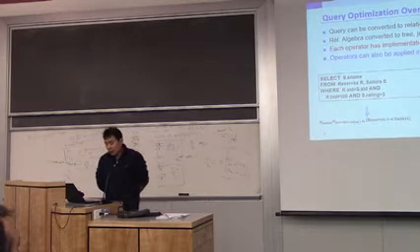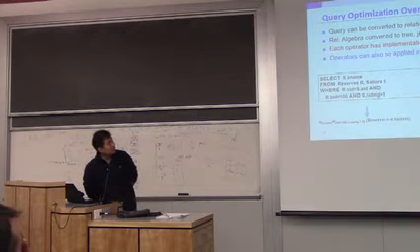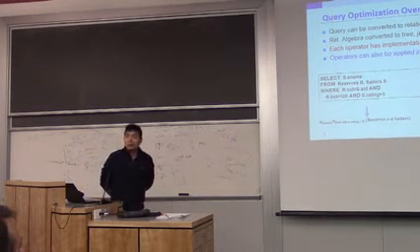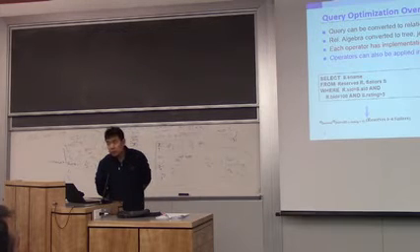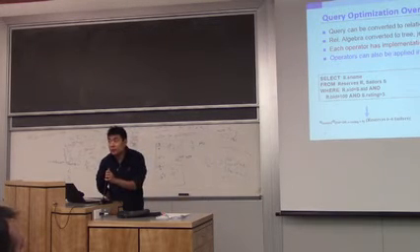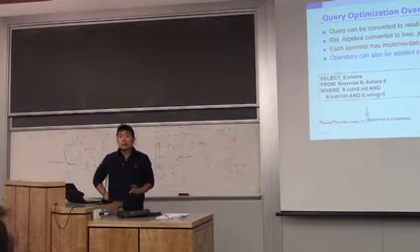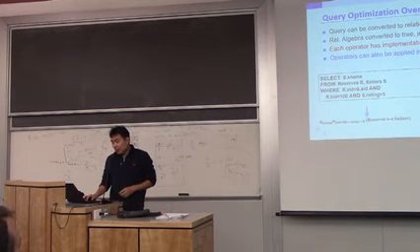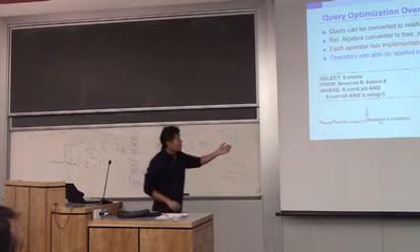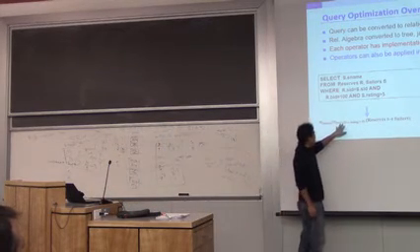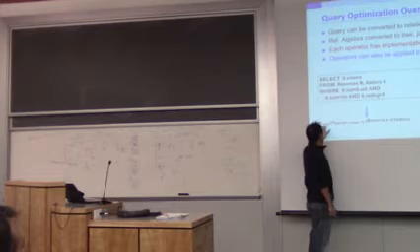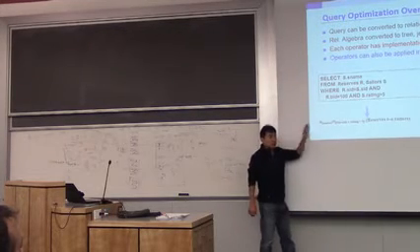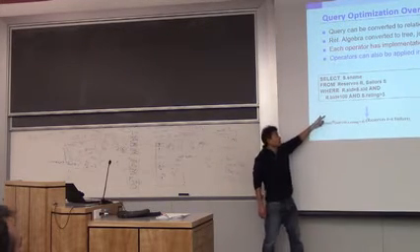We're joining them on sailor ID, and we're also employing some additional selection conditions, which are boat ID equal to 100 and rating greater than 5. So this is translated to a relational algebra representation: natural join between Sailors and Reserves, then after that you do a selection, then you project out the sailor name. That's essentially the translation of this query.